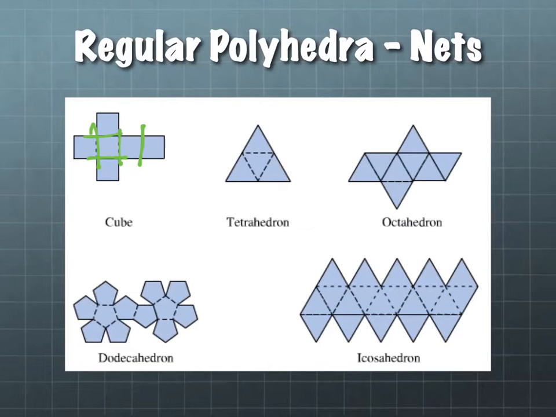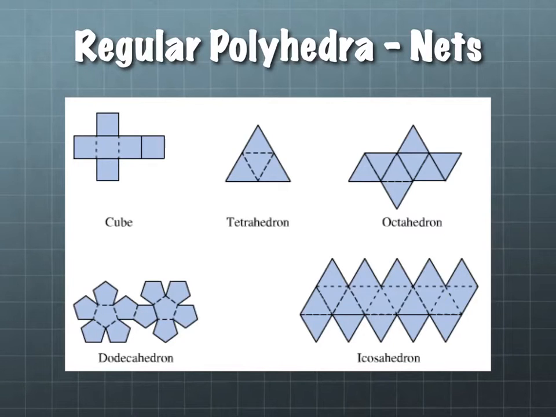So a cube is one of the ones that we are familiar with doing this with. The tetrahedron is probably the easiest to imagine doing this with, right? If you folded it along those 3 dotted lines, it would fold up to the top and it would actually make a pyramid. Right, we talked about pyramids before. We'd have them all touching at the top, the apex. The octahedron would fold all together as well.